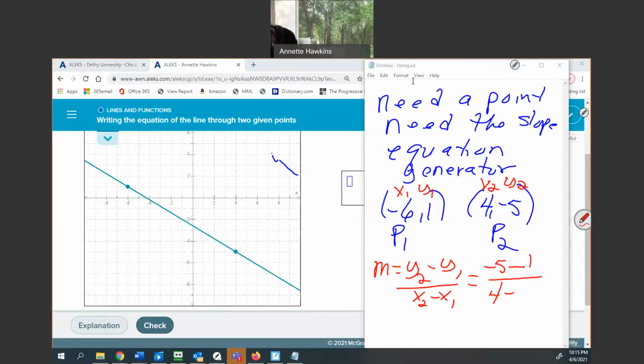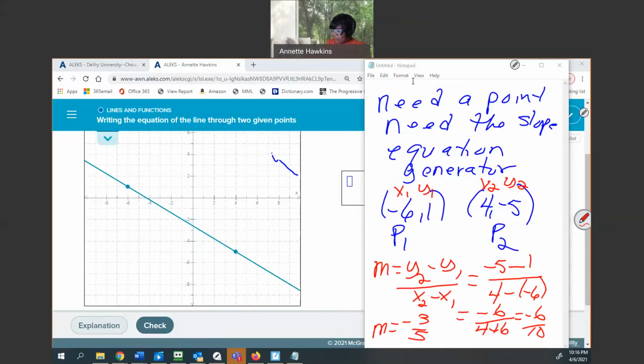Now, this is a minus, and you got a negative number, put parentheses. -5 minus 1 is -6. 4 plus 6, -6 over 10. So m is equal to -3/5.